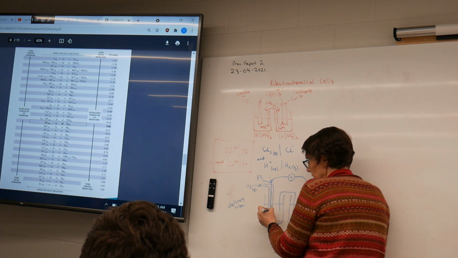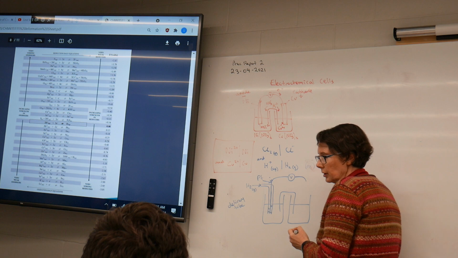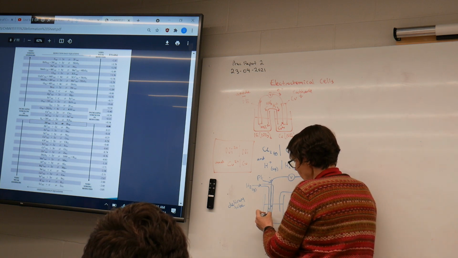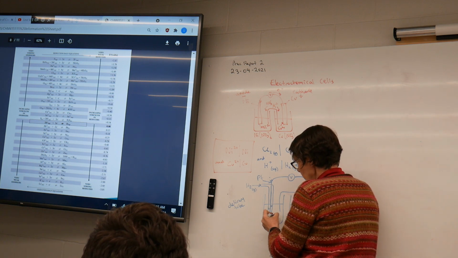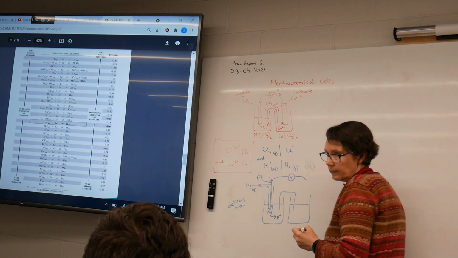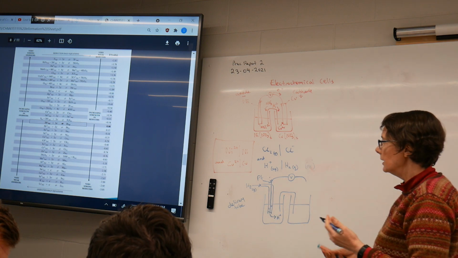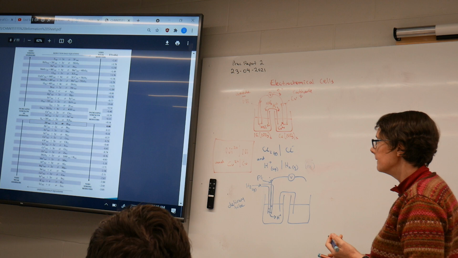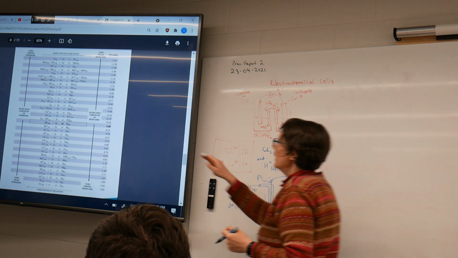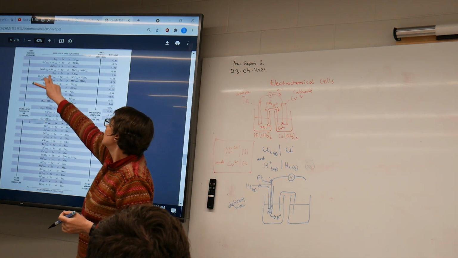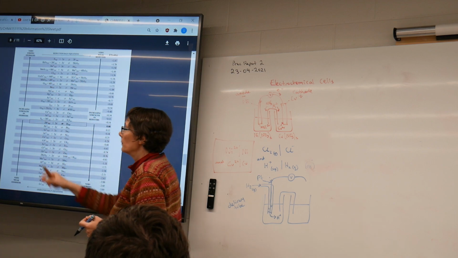I'm going to have bubbles down here next to my electrode, and then coming off my electrode will be the hydrogen ion, because that's the oxidation reaction happening there. For my other side, I've got reduction happening.